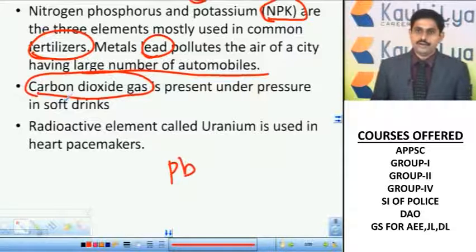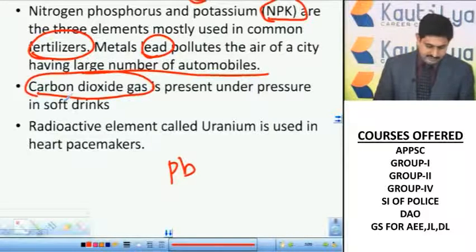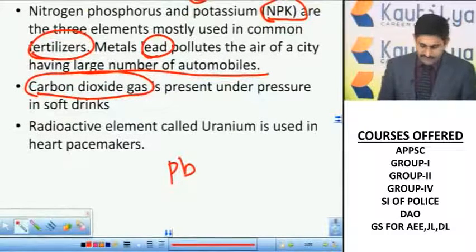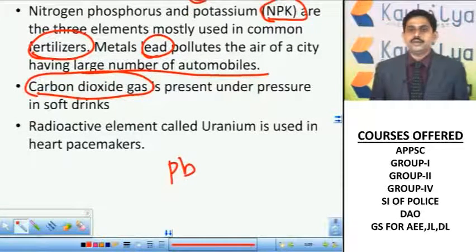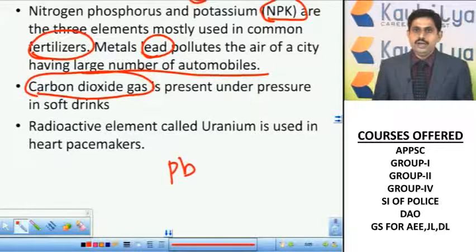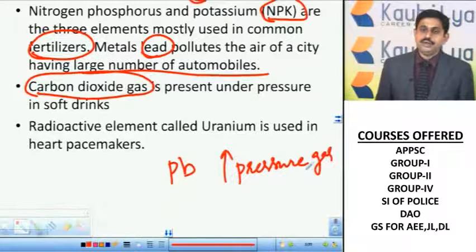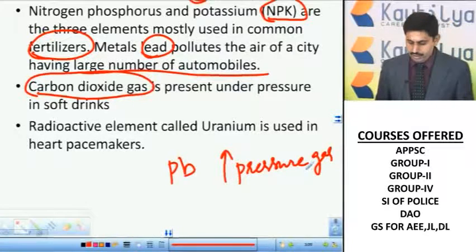That is called carbon dioxide. Generally, gases can be filled in liquid. Basically, cool drinks are a liquid and carbon dioxide is a gas. If you want to fill this gas in a liquid, we need high pressure. When you apply high pressure to the gas, the gas will dissolve in the liquid.